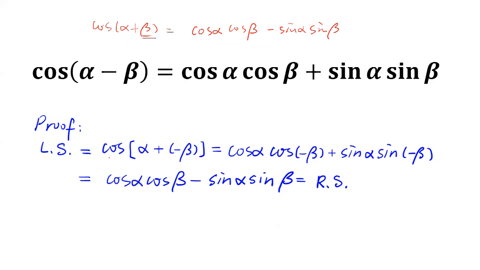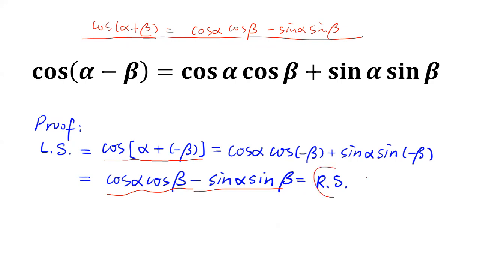So the left side is cosine alpha plus minus beta, which is cosine alpha cosine minus beta minus sine alpha sine minus beta. Cosine minus beta is just cosine beta, and sine minus beta is minus sine beta. So this equals cosine alpha cosine beta plus sine alpha sine beta, which is the right side. So this property has been proved, right? Any questions?